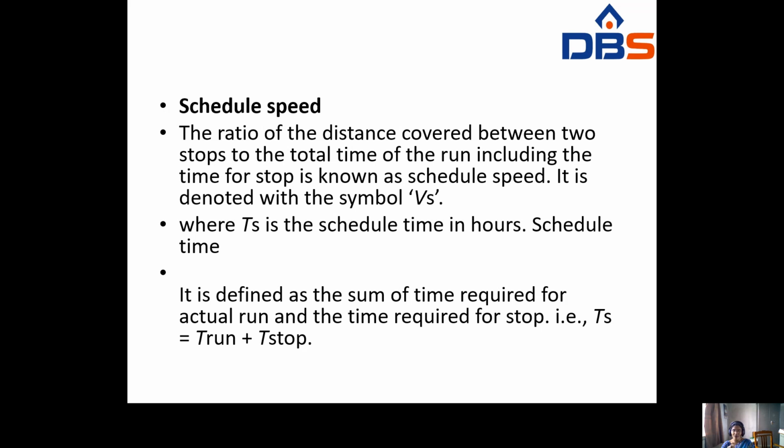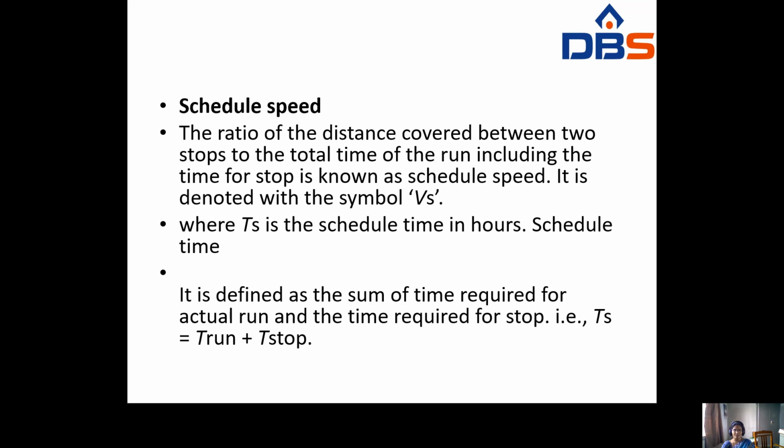Scheduled speed is defined as the ratio of distance between the two stops to the total time of run, including the stopping time. How much time the train stops is included. It is denoted with the symbol Vs, where Ts is the scheduled time in hours.